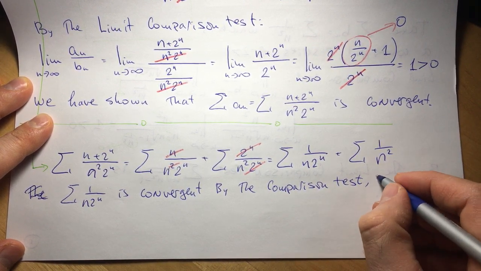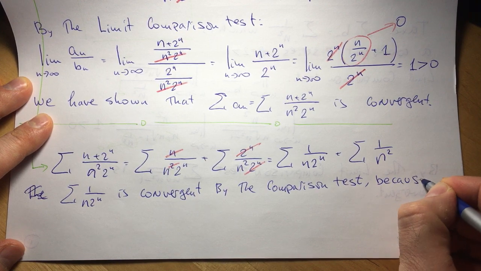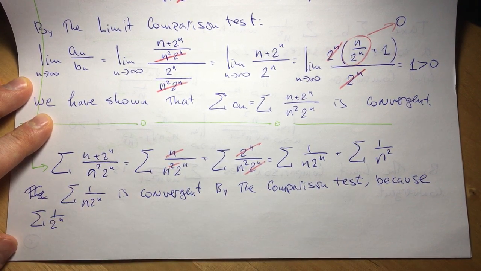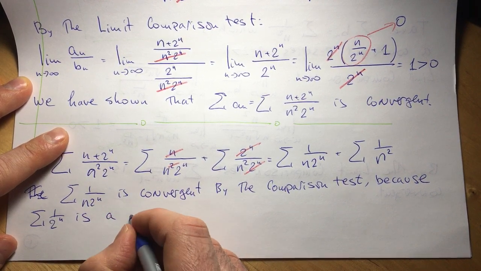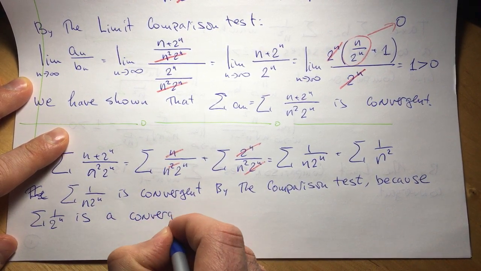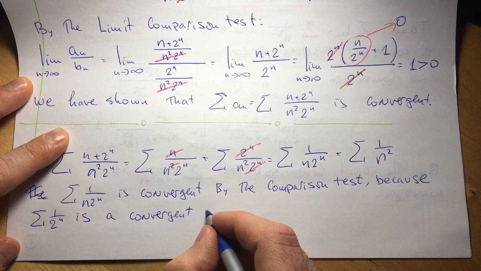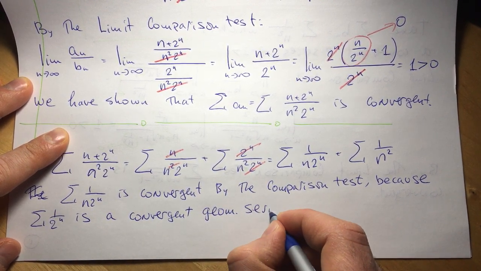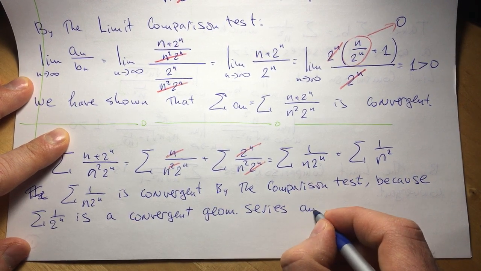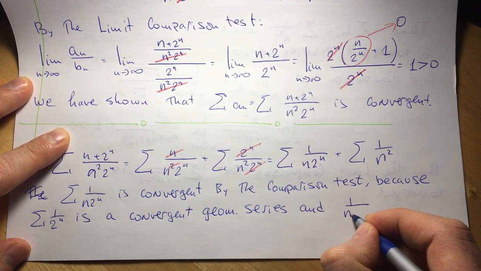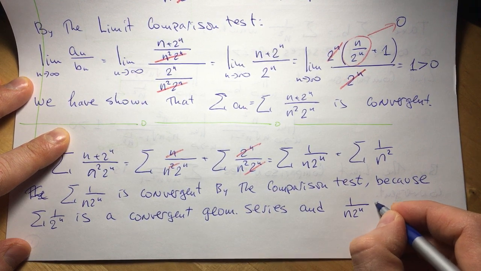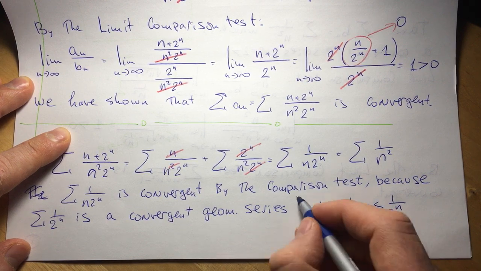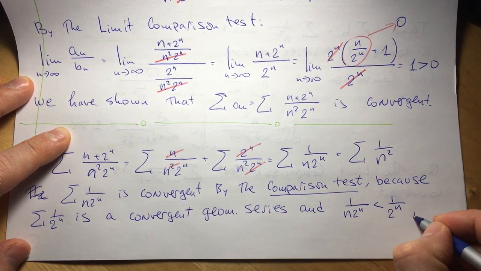Why? Because 1 over 2 to the power of n is a convergent geometric series, and 1 over n 2 to the power n is less than 1 over 2 to the power n. Okay, so the comparison test is satisfied.